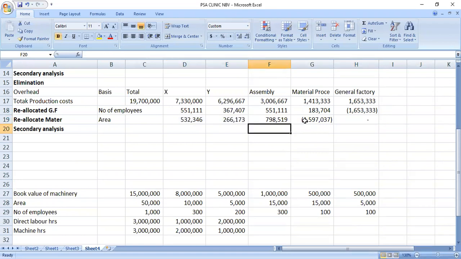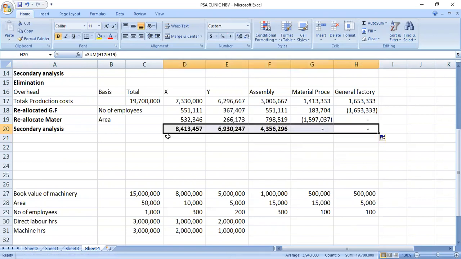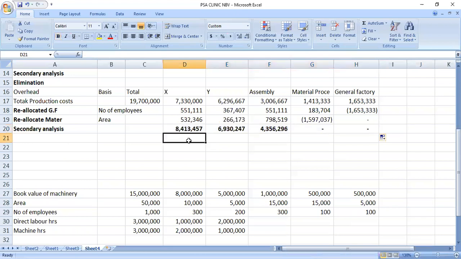So that is it, elimination. So there are only two, so there's no hassle really. Then you add. In adding, you're saying your service centers must come to 0. Hence 0 there, and 0 for material. But for product centers, we are getting rid of those. Guys, that is elimination.